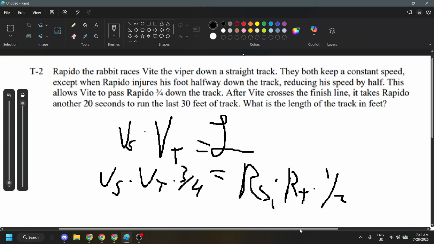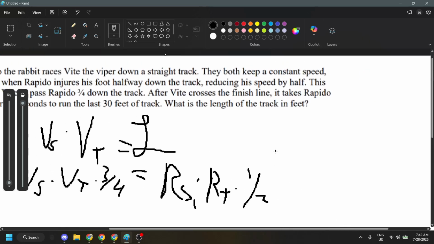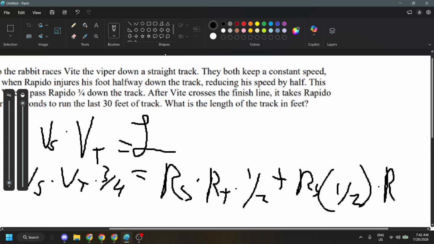This is rabbit speed 1, plus rabbit speed times 1/2 times rabbit... Oh, we can't use time, can we?